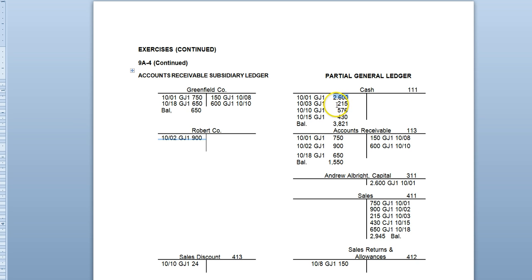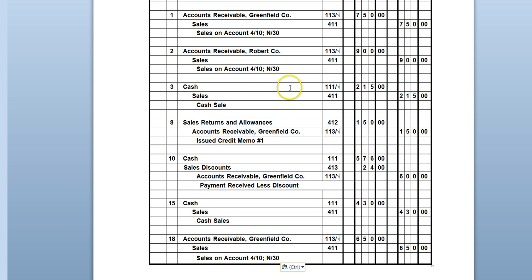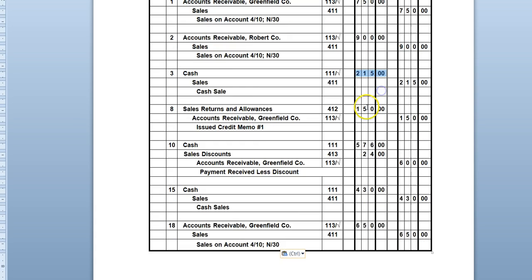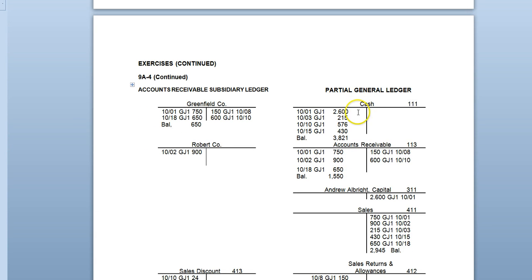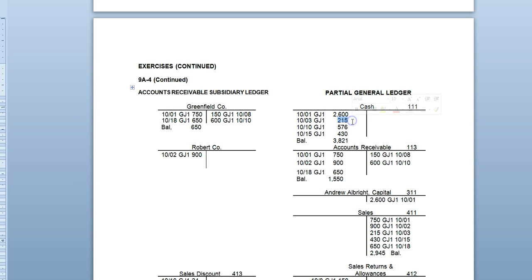The first entry was the debit for the investment that the owner made. The second cash entry was from a cash sale over here. Remember the $215? So you can go back and forth, and you'll see that that's the debit to cash. There's another $576.